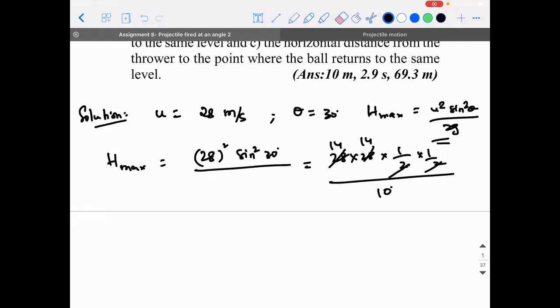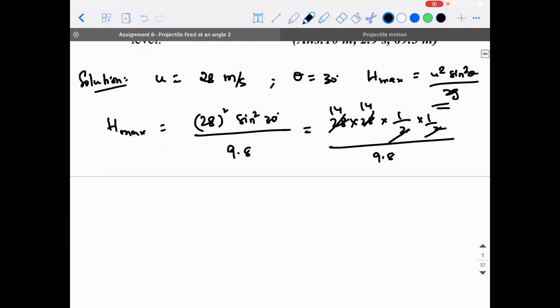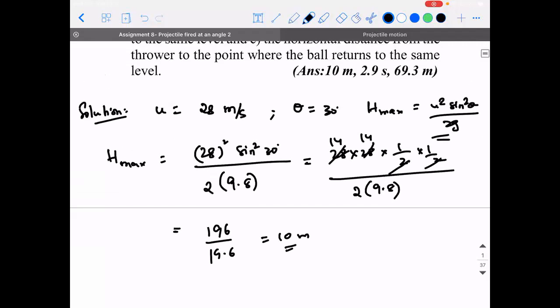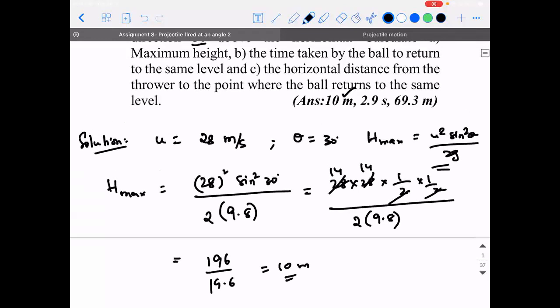If I take 9.8, we'll get the answer. So 14 into 14 is, I forgot it. So 2 into 196 divided by 19.6 is going to be 10 meters. So the maximum height is 10 meters.